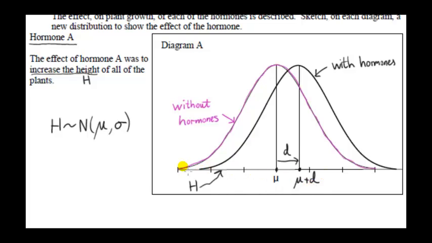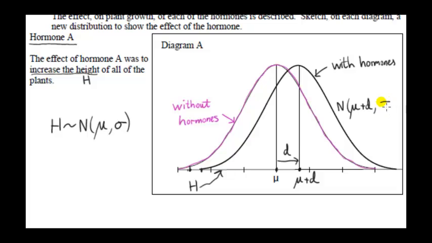So the heights have all been increased, so it's like we're adding D onto all the heights. If we pick a value here for our original distribution, we add D onto it to get the corresponding value that follows our new distribution. So here's our new distribution. We could call this new distribution normal, but now with a bigger mean.